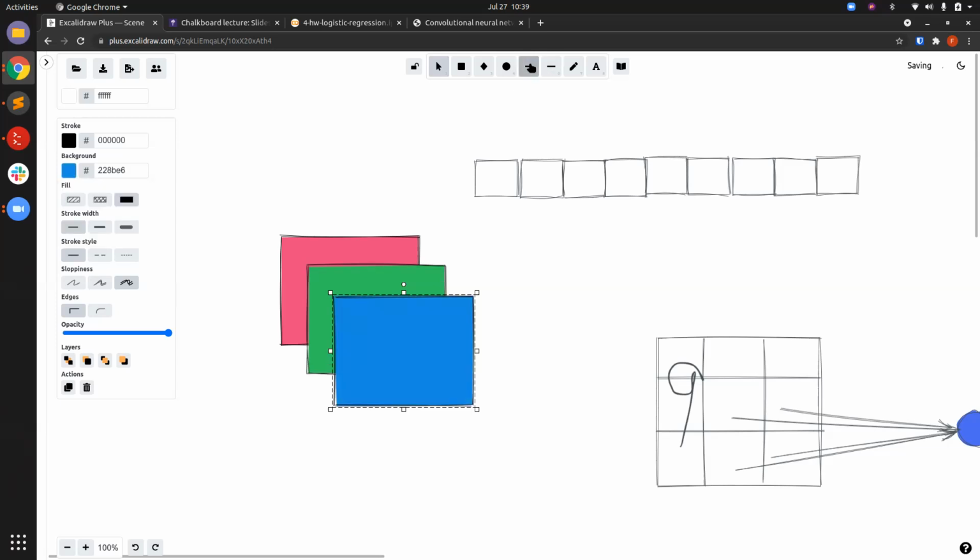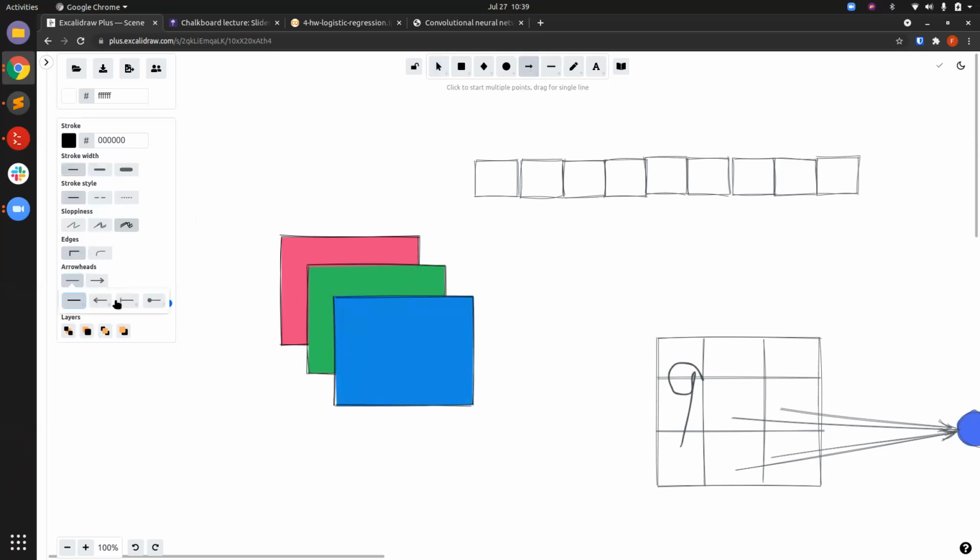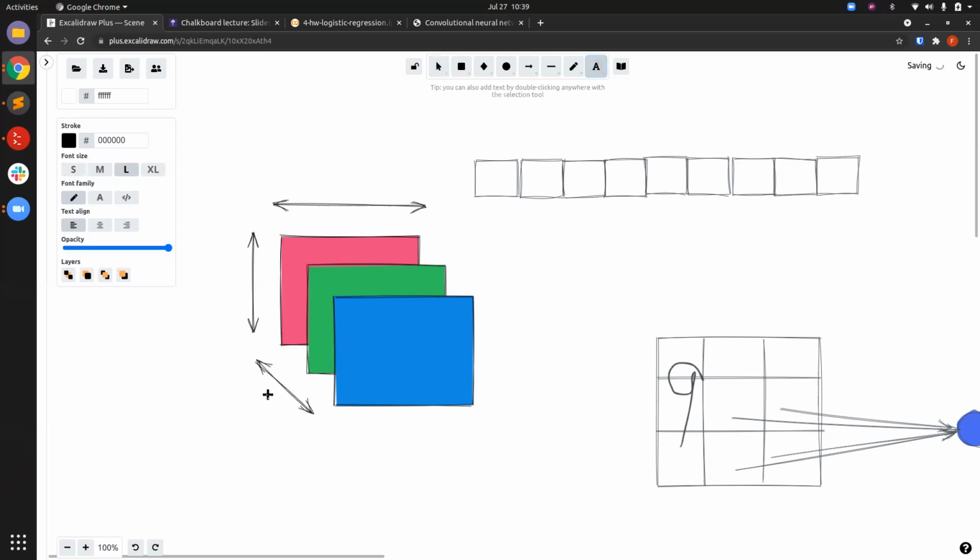So my input volume will be this width, this height, and this depth. That's my input volume.